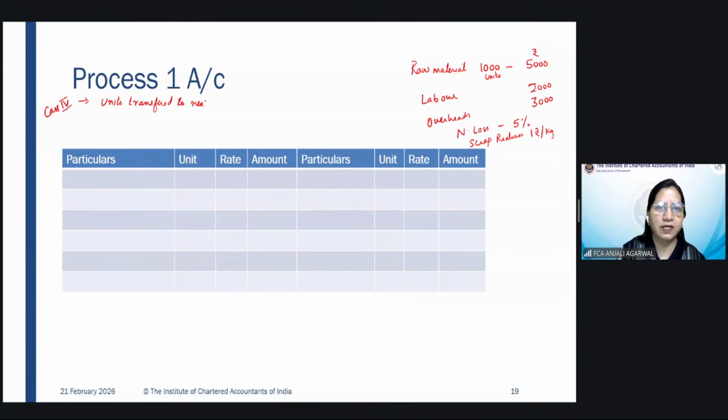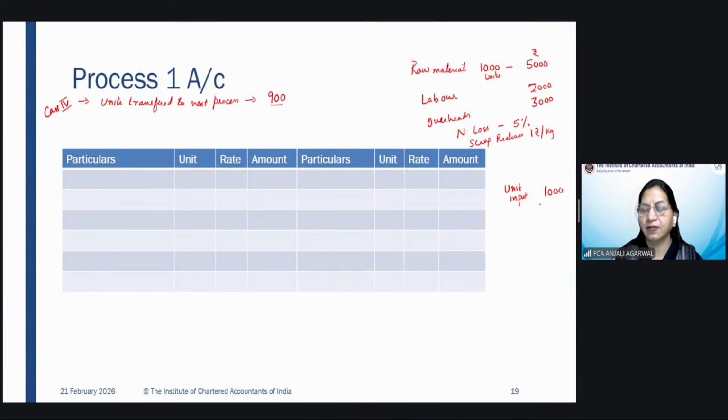Units transferred to the next process. This information is also given to us. And the units transferred to next process is not 950 but 900. So when we take the total of the units or when we try to balance the units, input was 1,000.